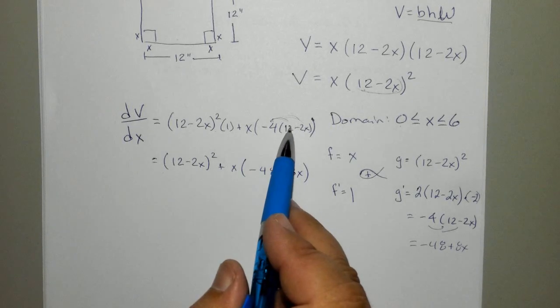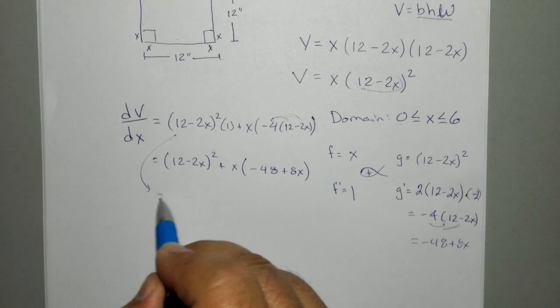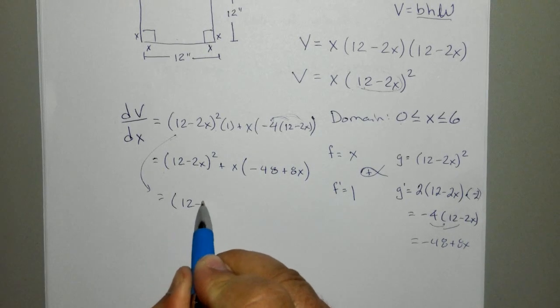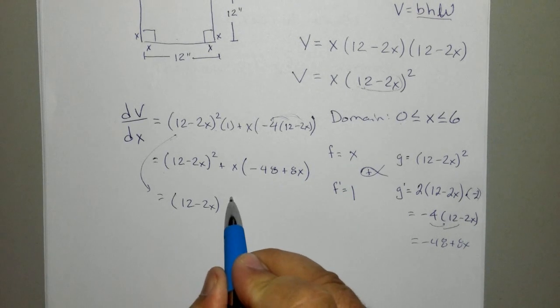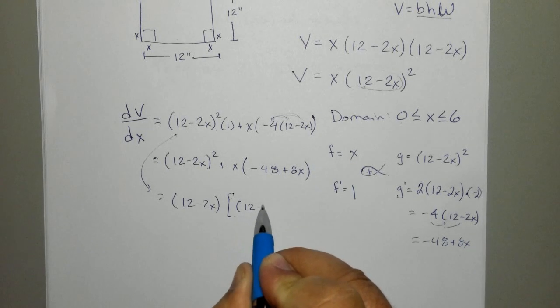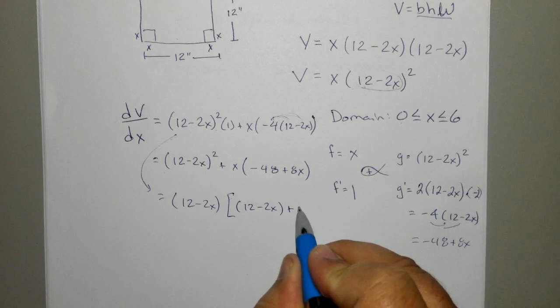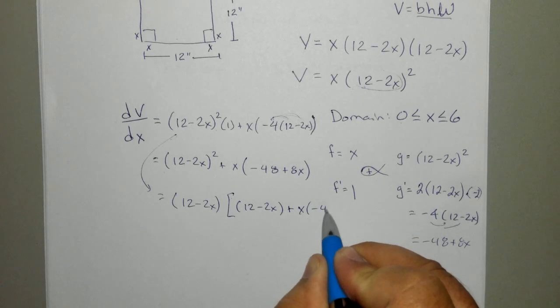Up here you could have. Okay, you want to do that way? Okay, so we're going to go from here. So we're going to factor out 12 minus 2x. That will leave us 12 minus 2x plus x times negative 4.